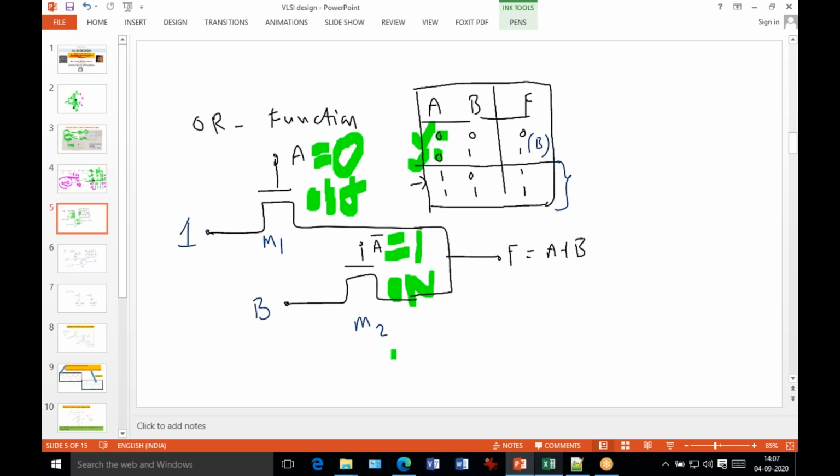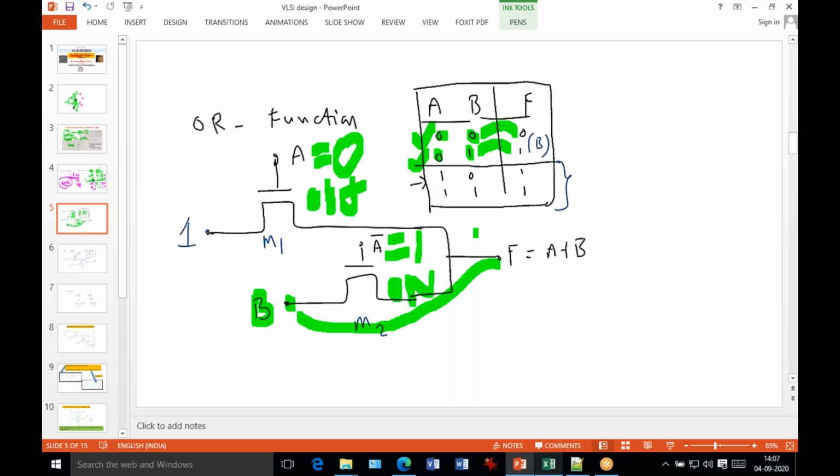So now this input is connected to the output node. So what is my B input? B. So what is my output? In one case B is 0, so it is 0. In another case it is 1, it is 1. So I think you understand this one.